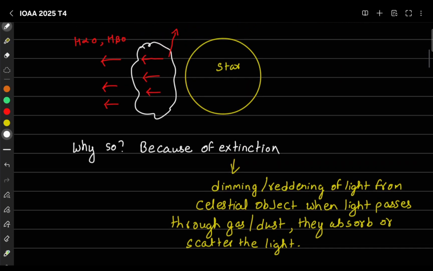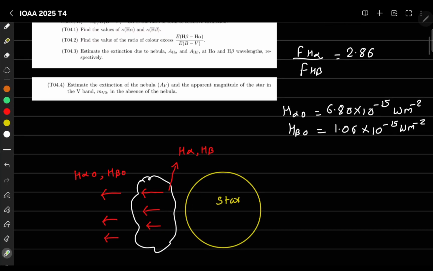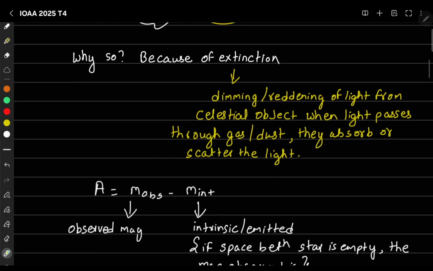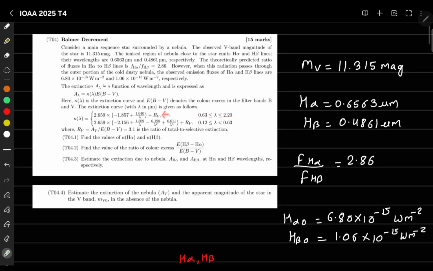Now my question says that I need to find the values of A H alpha and A H beta. We have been provided a relation for K lambda, which is a function of lambda, and for 0.63 to 2.20 this is the relation I need to use.